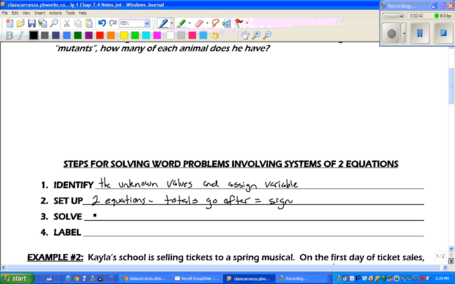Okay. Solve, and you're going to solve the system by using substitution or elimination.